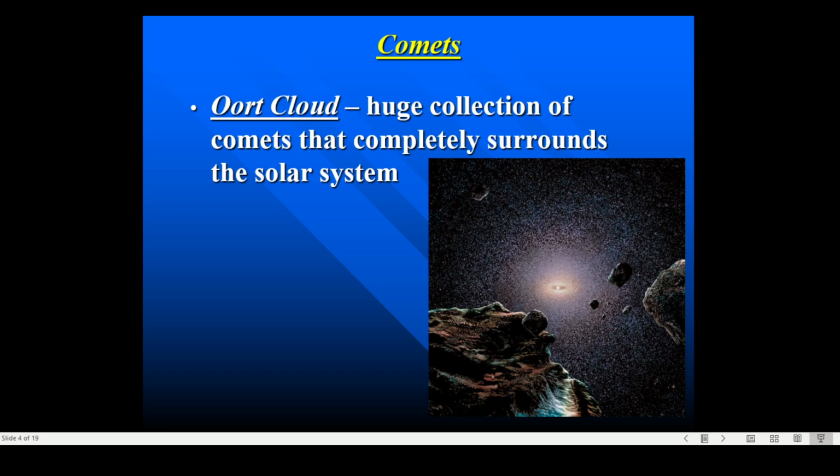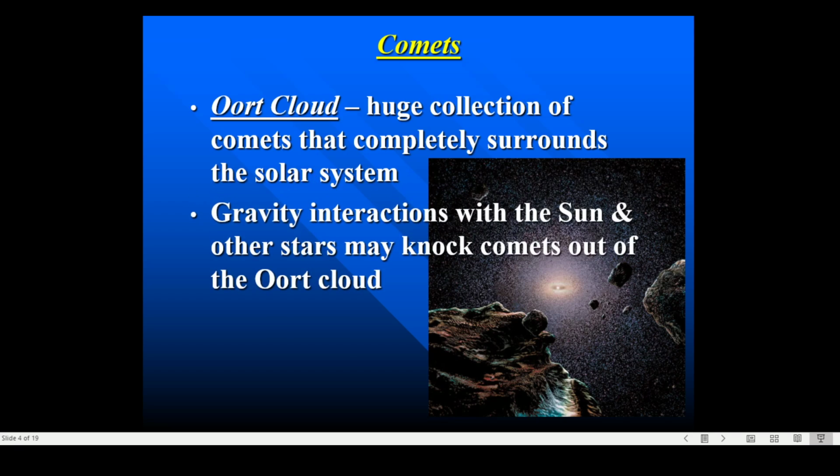That makes sense, right? We name a cloud after him, and we'll give it his last name. Okay, so we think that this cloud surrounds our solar system at the very edge, and again, it's made up of rocky and icy and very tiny particles.